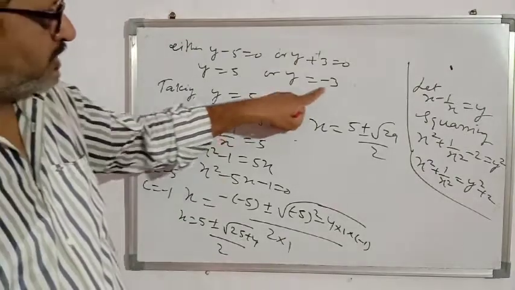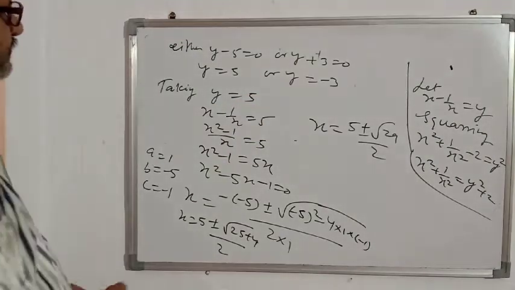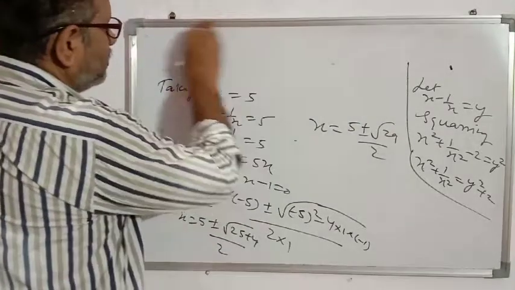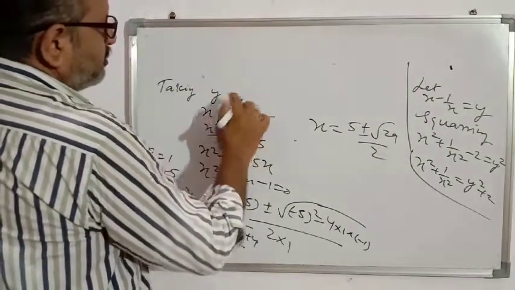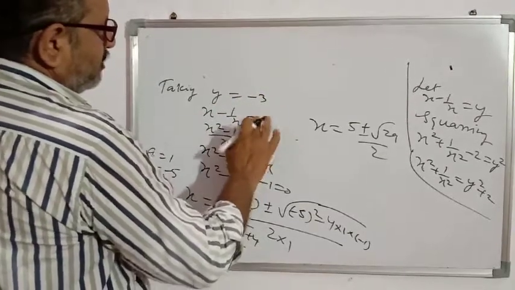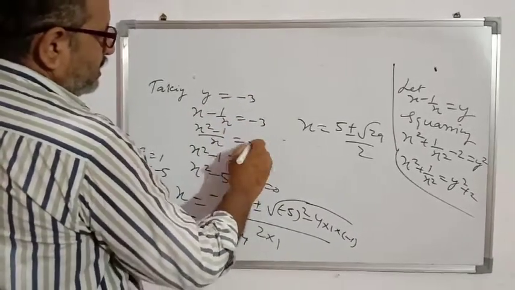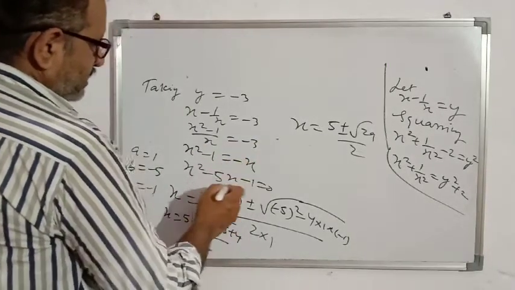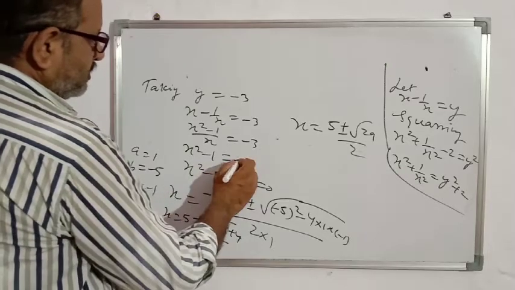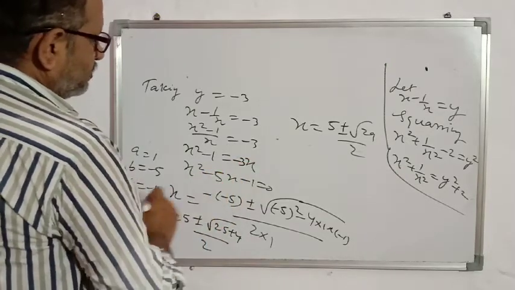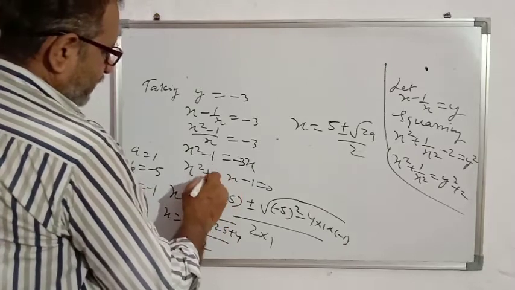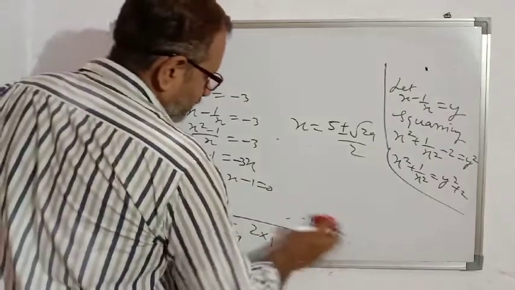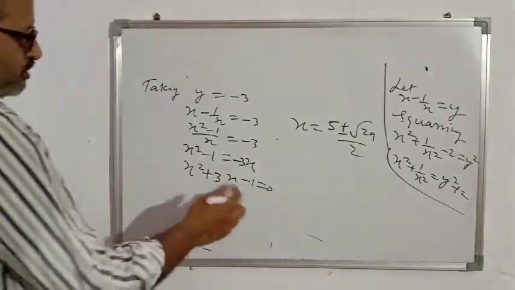Next we will take y is equal to minus 3. Now taking y is equal to minus 3, in place of 5 it will be minus 3. It will be minus 3x. Transpose this side, so it will become plus 3x. Now use Sridharacharya formula.